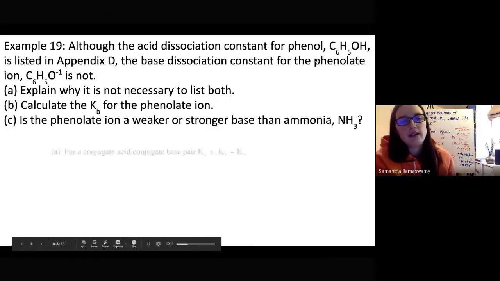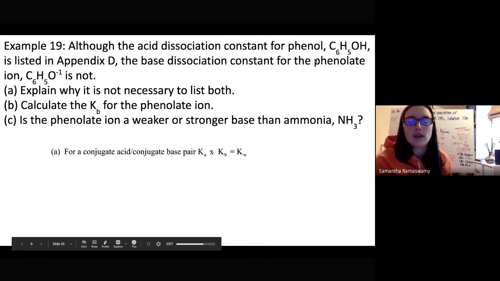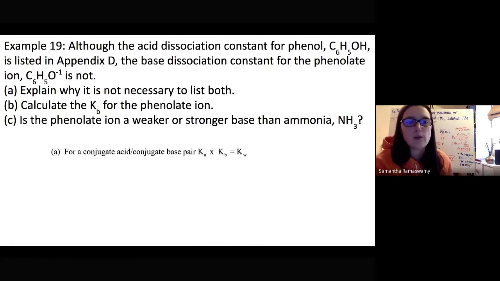So Ka is given here, but we don't see the Kb value in Appendix D, and it wants to know why. The reason that we don't see every Kb value in Appendix D is because for any conjugate acid-base pair, Ka times Kb equals Kw. Phenol is a weak acid. It's telling us it's a weak acid because it's talking about the acid dissociation constant.